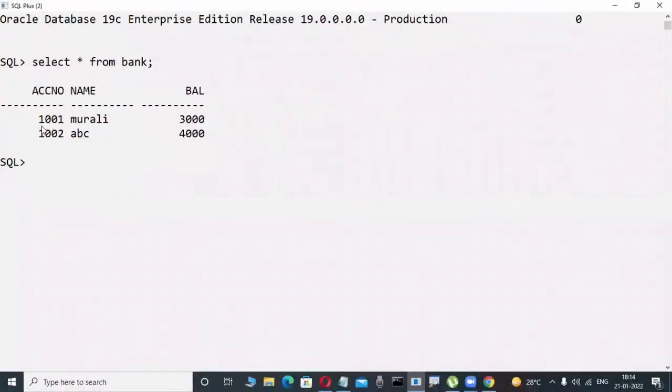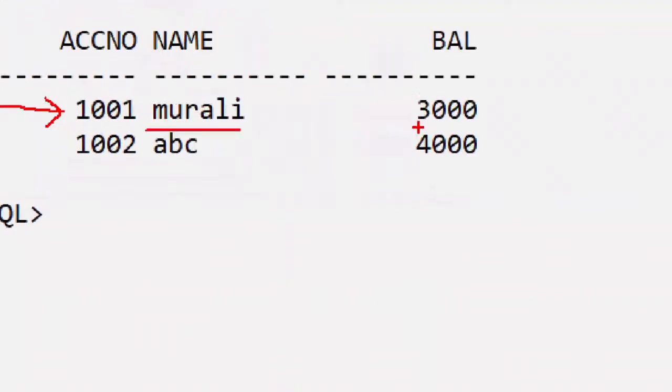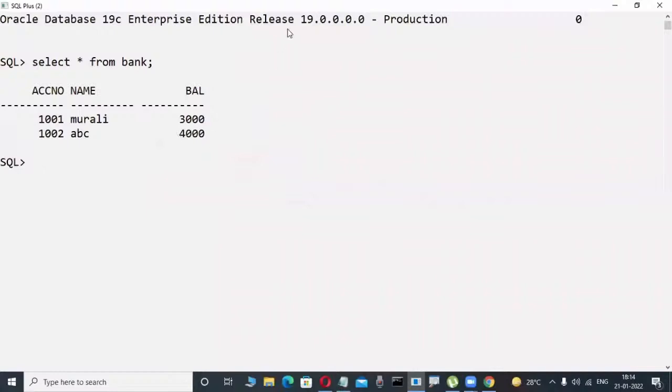Suppose this data, observe for one minute. 1001 is an account number. My name is Murali, I'm an account holder. My balance is how much? 3,000. For example, my balance is 3,000. Now check out the scenario. Slowly observe. This is an ATM machine, for example.